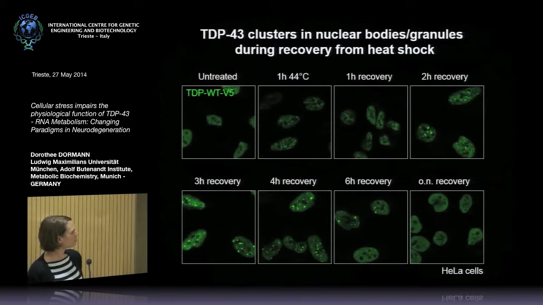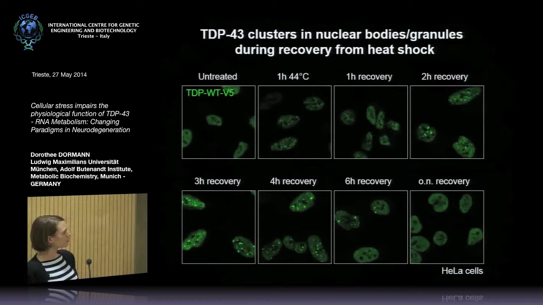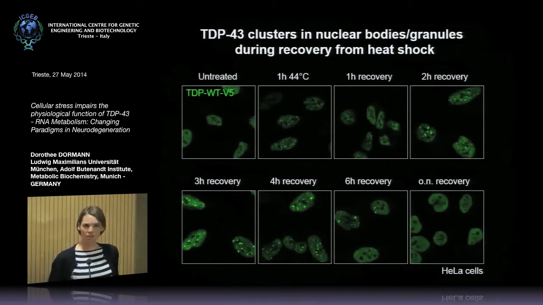You see that maximally 3 to 4 hours after heat shock, so after shifting back the cells to 37 degrees, TDP is really prominently localized in these nuclear bodies or granules. We see the exact same thing for endogenous TDP-43.